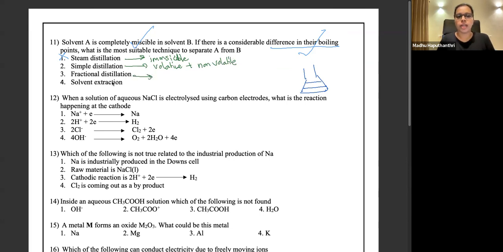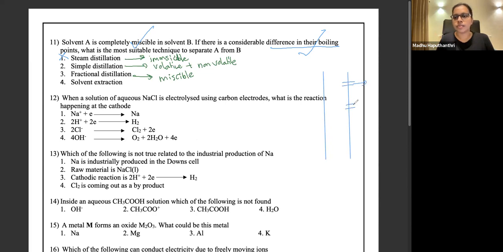Fractional distillation's key point is definitely that it's miscible, and then we are exploiting the fact that the components have a considerable gap between their boiling points. That is why at different temperatures we can take different fractions out. If you look into a fractionating column, I will put a rough sketch here. In a fractionating column, outlets are there at different levels.